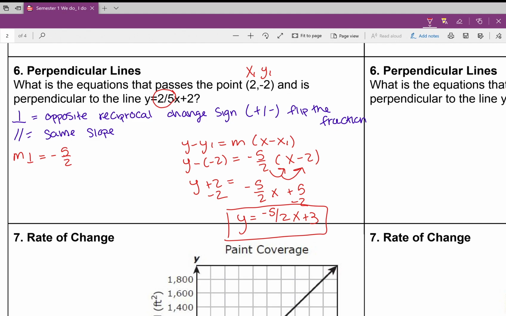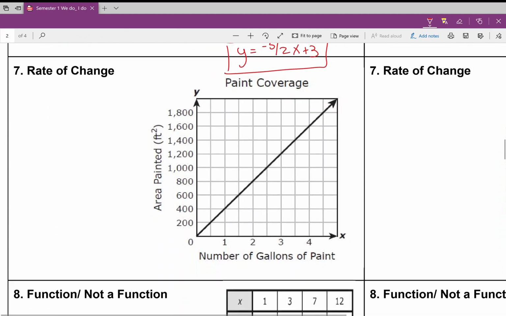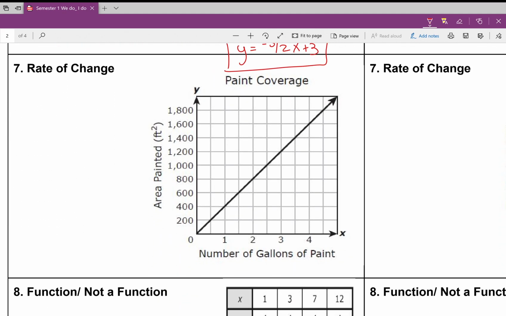Okay. Let's look at number 7, which is rate of change. Remember, rate of change is the same as slope, except with units. Okay. So remember, on a graph, in order to find slope, we use rise over run.